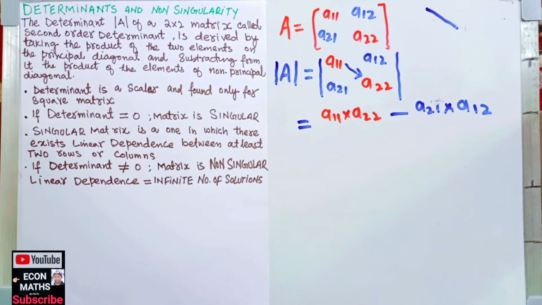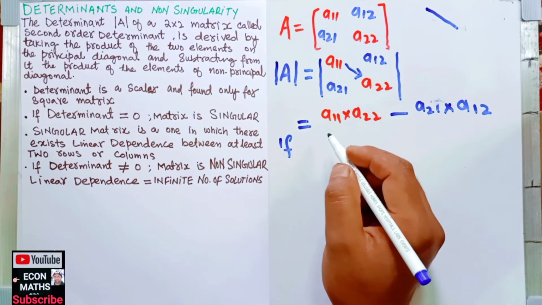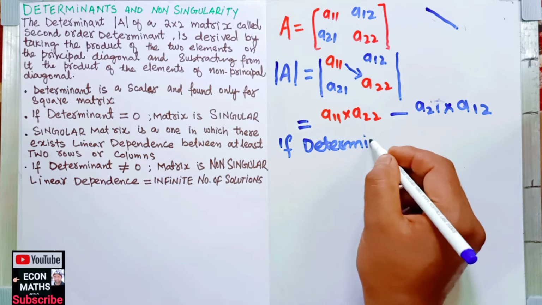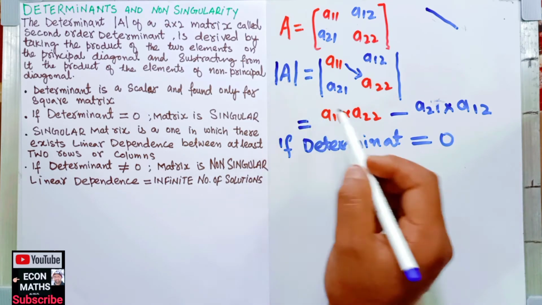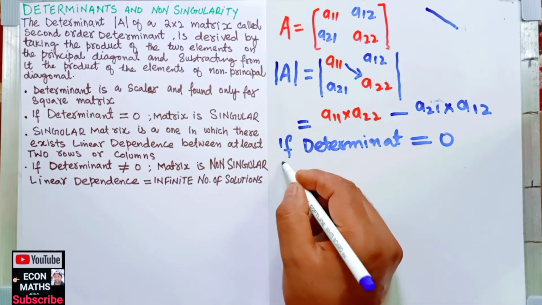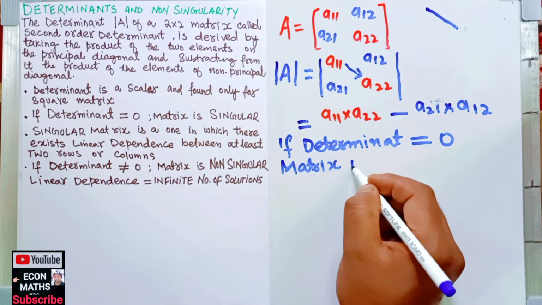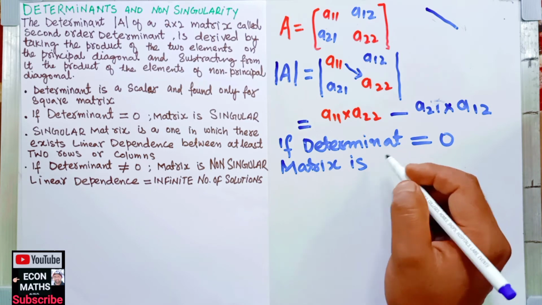Now if the value of the determinant is equal to 0, that is, if the value of A after solving this is 0, then we say the matrix is singular.